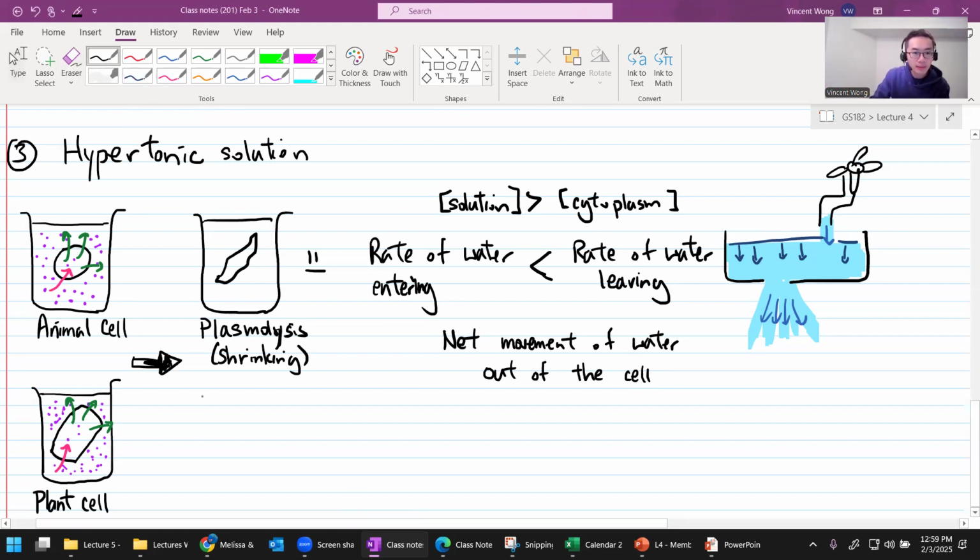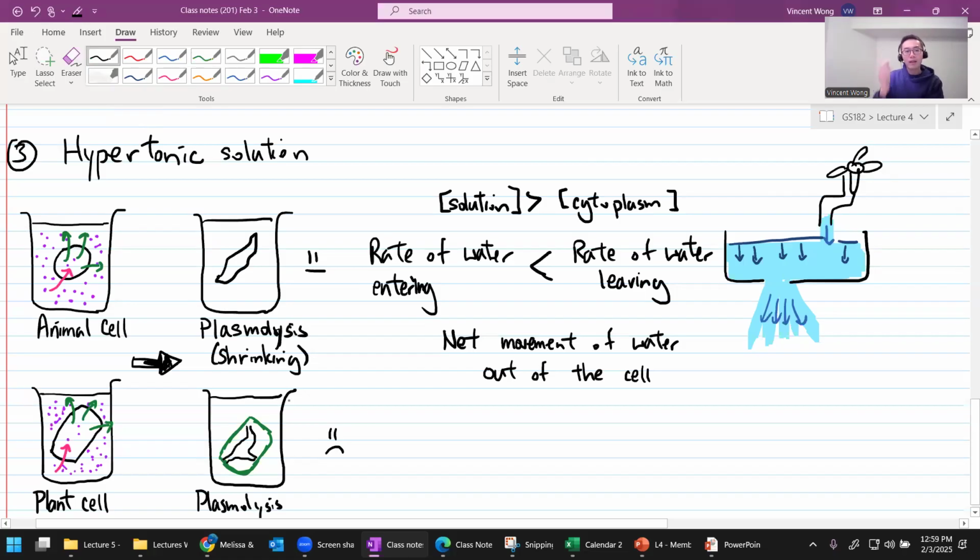For the plant cell, it is no good for them. Okay, they're not happy. This is also called plasmolysis. The cell wall will still be like that, but the cell will shrink away and become really small on the inside.